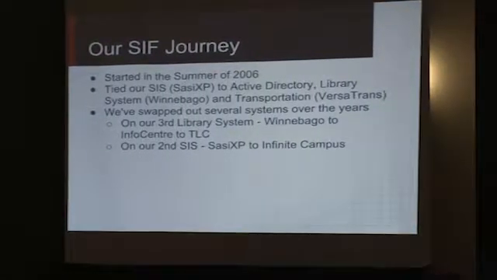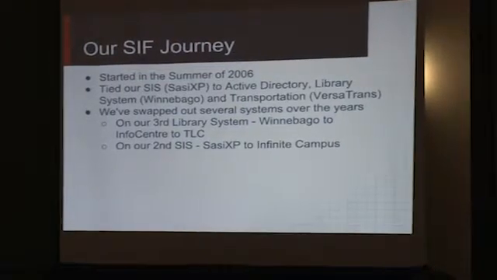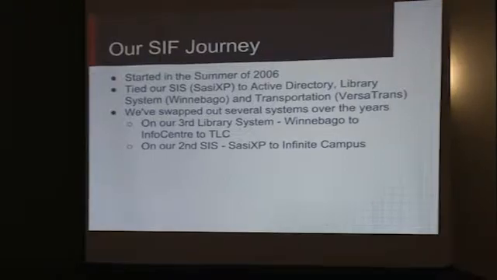Again, I've talked about the systems that we swapped out. I was worried about our SASI XP to Infinite Campus transition. Infinite Campus builds in their own agent, and they have their own zone integration server built right into Infinite Campus. We were pretty invested and really liked what we had with EduStructures, Pearson, Kimono now, 3 different companies along the way in this process that provide our Active Directory agent, and we had their zone integration server piece.